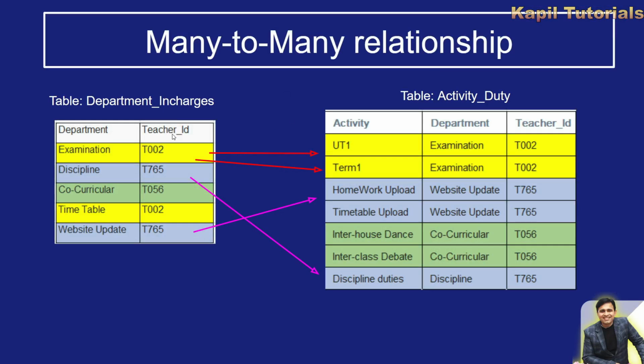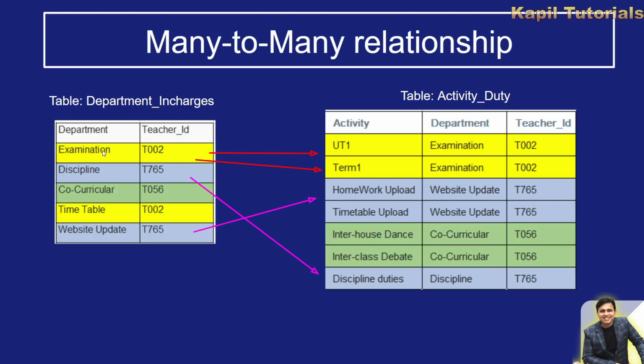Now here we will not have any primary key. It's not possible to have a primary key here. Why? Because if you could see here, teacher ID, now the table department in charges. The column names are department and teacher ID. We can't set a primary key here.